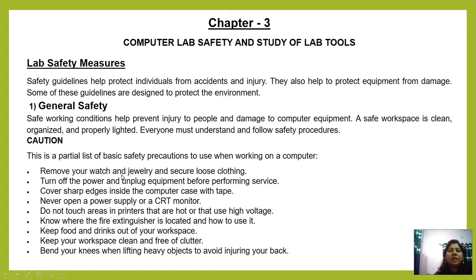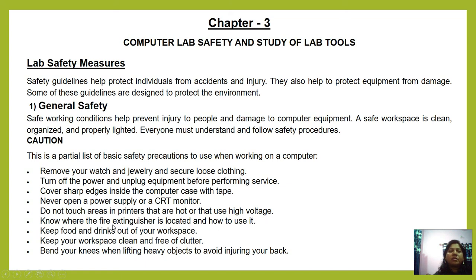Remove your watch and jewelry and secure loose clothing. Turn off the power and unplug the equipment before performing service. Cover sharp edges inside the computer case with tape. Never open a power supply or a CRT monitor. Do not touch areas in printers that are hot or that use high voltage.